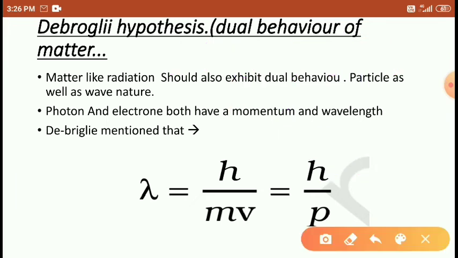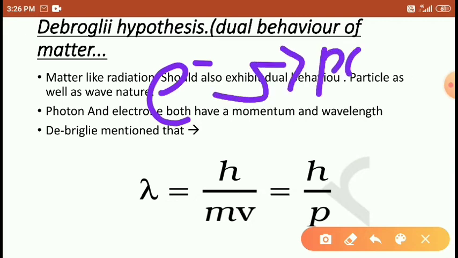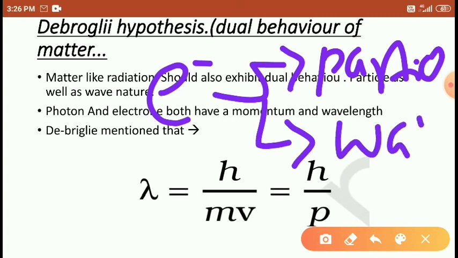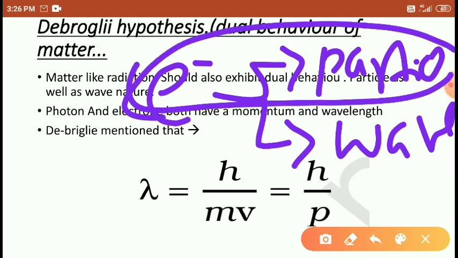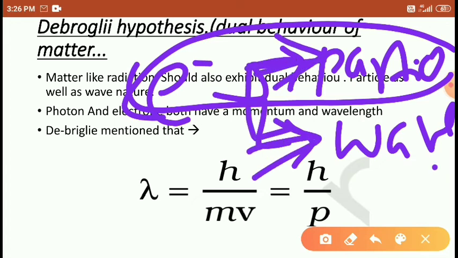But de Broglie explained that the electron has a particle nature and a wave nature. Earlier, scientists believed that the electron has a definite mass, so it shows only particle nature. But de Broglie proved that it shows the particle nature as well as the wave nature.